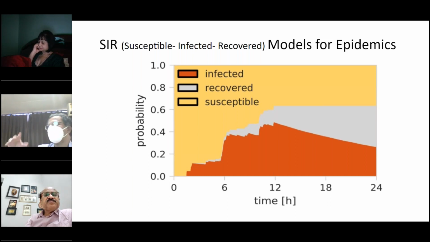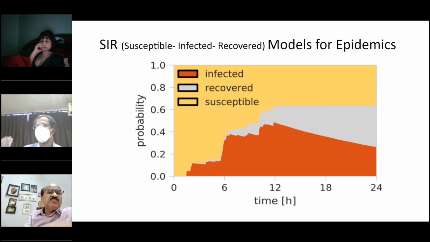So when you recover or die, you are removed from this group, and you're no longer susceptible. And then you have a peak. Finally, the epidemic will end when the new infections are fewer than the existing infections. This happens when the majority of the people become non-susceptible, and there is a threshold after which it stops.